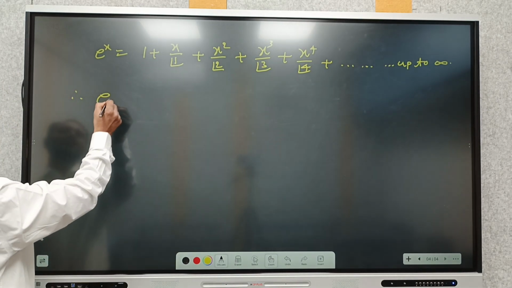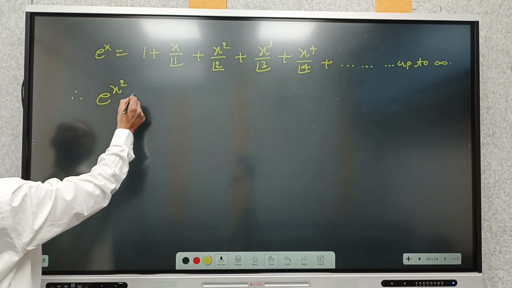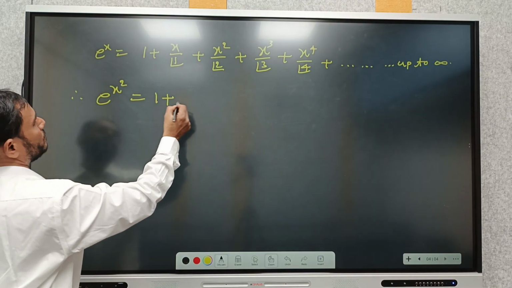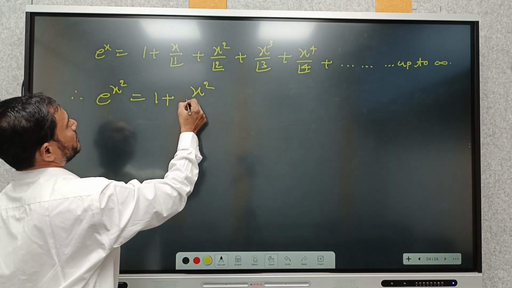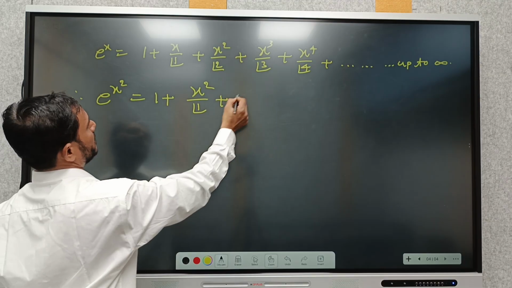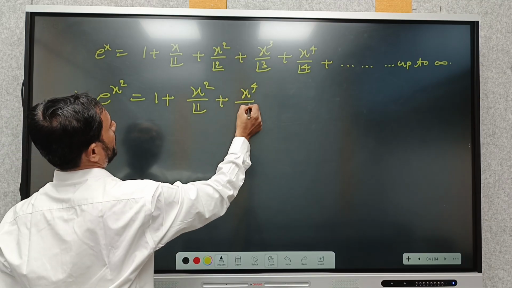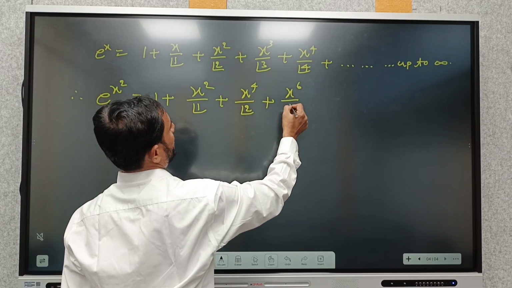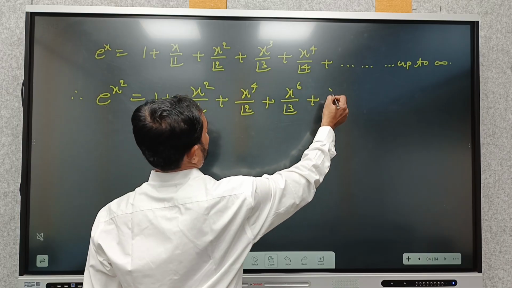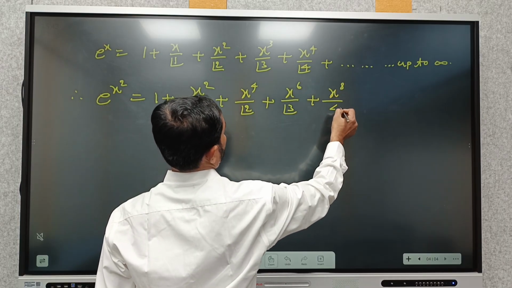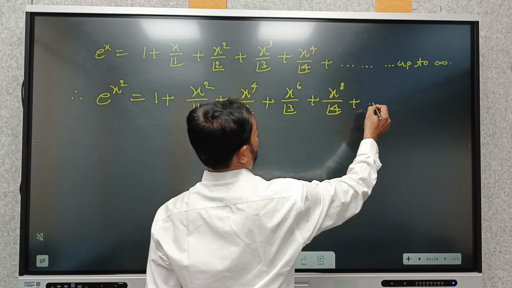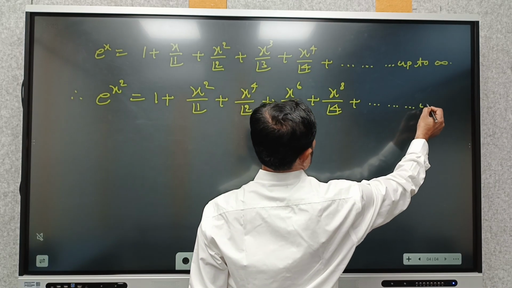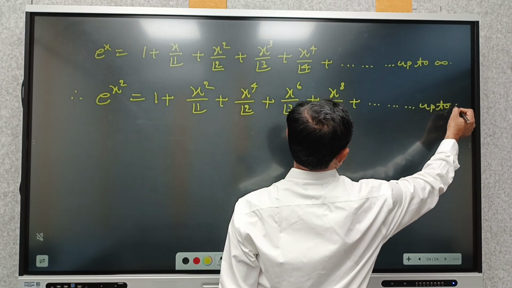Therefore, the expansion of e to the power x squared is equal to 1 plus x squared/1 factorial plus x to the 4th/2 factorial plus x to the 6th/3 factorial plus x to the 8th/4 factorial, and it also goes up to infinity.